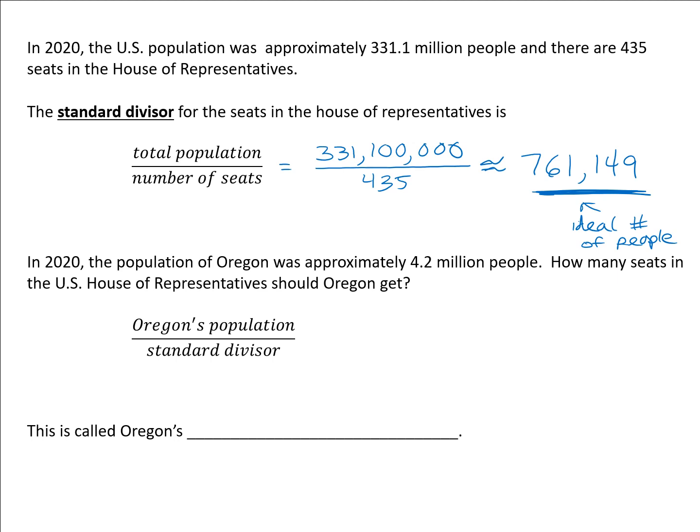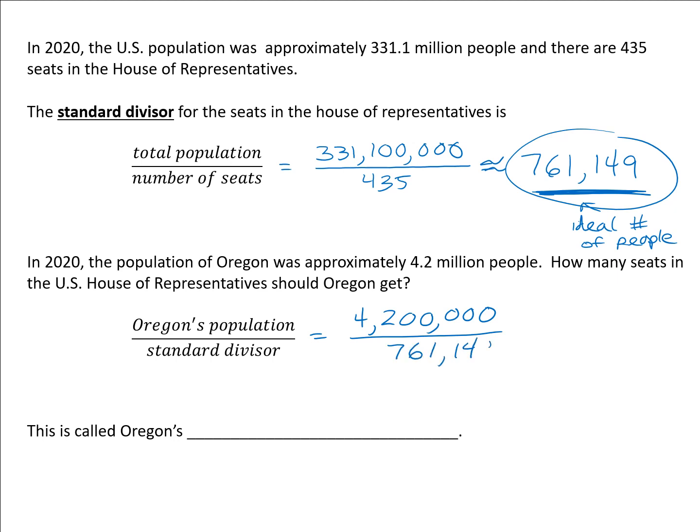Now, in 2020, the population of Oregon was approximately 4.2 million. So if we use this ideal number to work out how many seats in the U.S. House of Representatives Oregon should get, we would take Oregon's population and divide by this standard divisor. So we take that 4.2 million, and I'll just convert that again to millions with all the zeros, and we're going to divide that by 761,149.